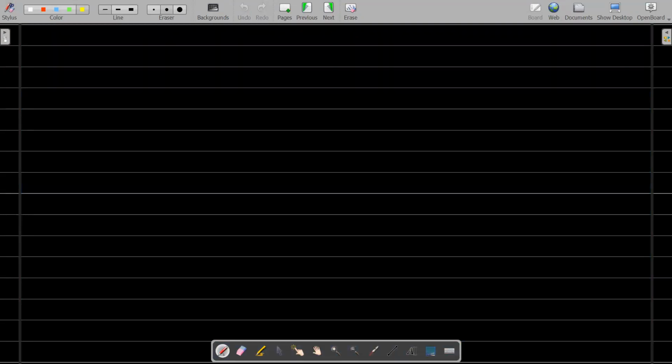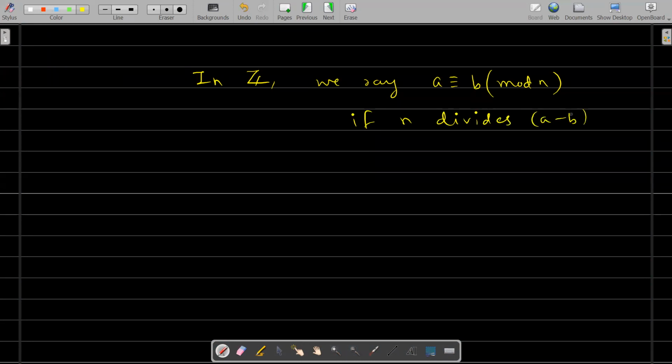Yeah, so I hope all of you know the congruence relation in integers. We say A is congruent to B mod n, for some natural number n, if n divides A minus B. Everyone knows the congruence relation.